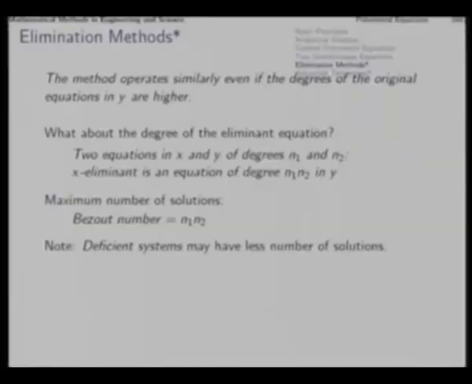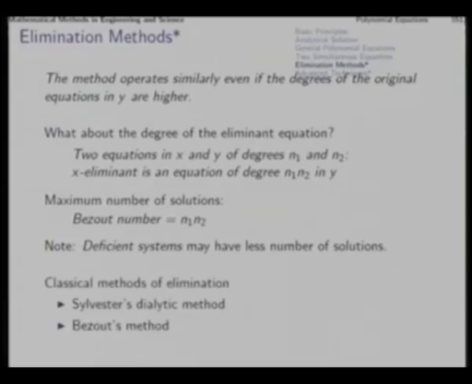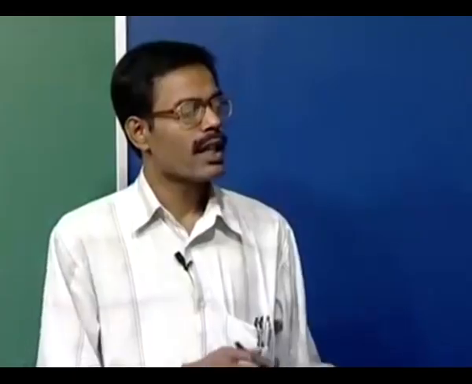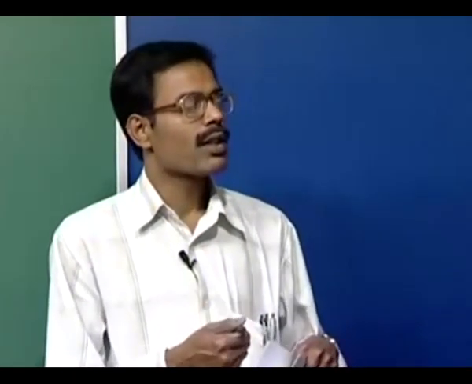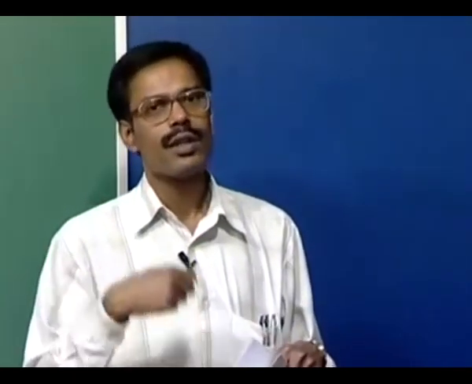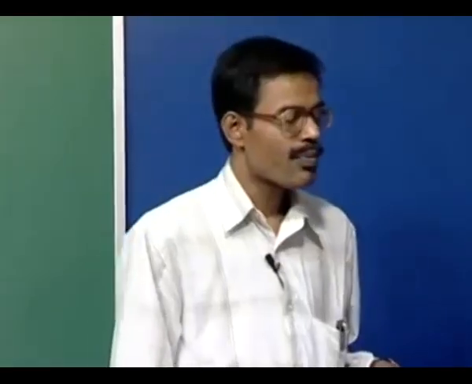Two of those methods are quite effective. One is called Sylvester's dialectic method and the other is Bezout's method. We do not go into that in detail because those who are interested in this polynomial system of equations can look up particular texts and courses for theory of equations itself.